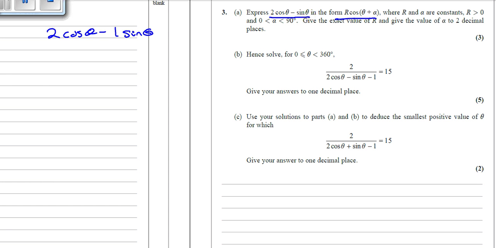So what we do is we need to do the expansion of r cos(theta + alpha). If you write that as r in brackets cos(theta + alpha), then we need to know what the expansion of cos(A + B) is, or theta plus alpha.